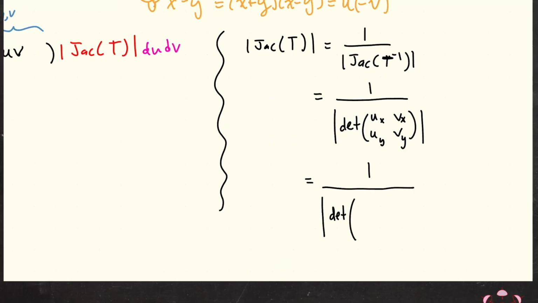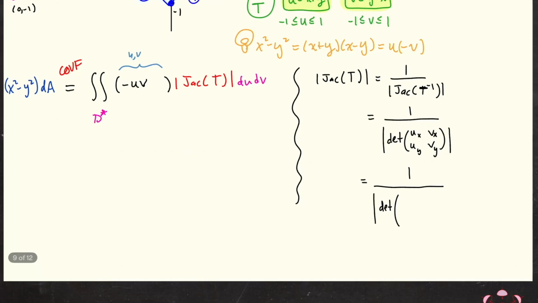Now, what were our transformations? There they are. The partial derivative of u in x is 1. Partial derivative of v in x is -1. Partial derivative of u in y is 1. Partial derivative of v in y is 1. So doing the determinant, I've got 1 plus 1, which is 2.